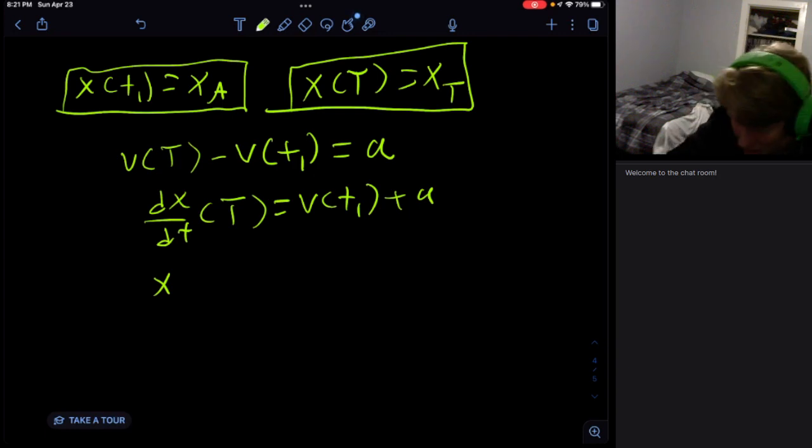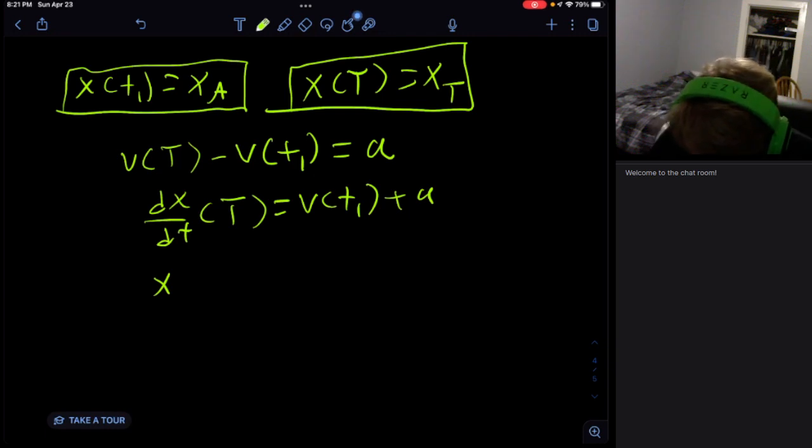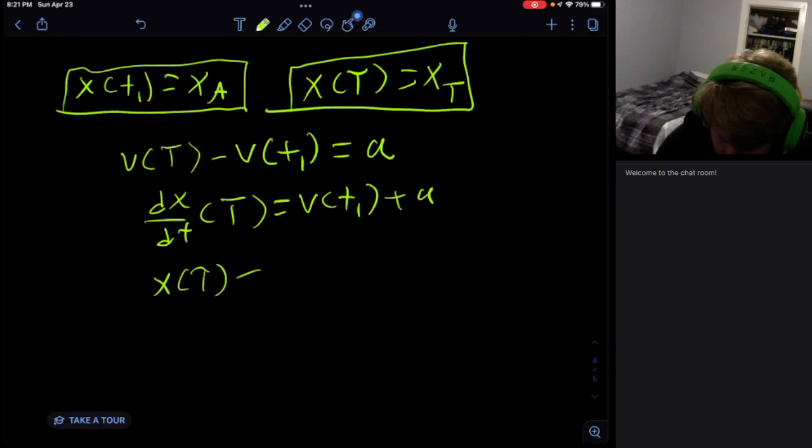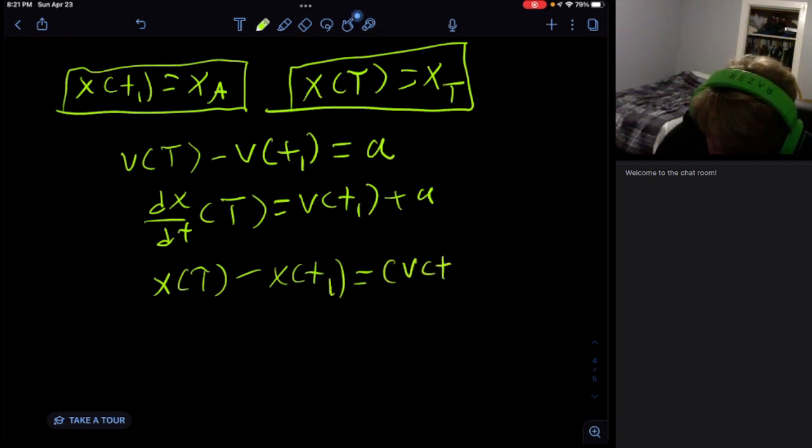Anyway, I'm just going to go ahead and, shoot, where the heck was I? x of t minus x of t1 equals, these are all constants, so we can say v of t1 plus a times, or actually that's not right, give me 1 second, t2 minus t1.